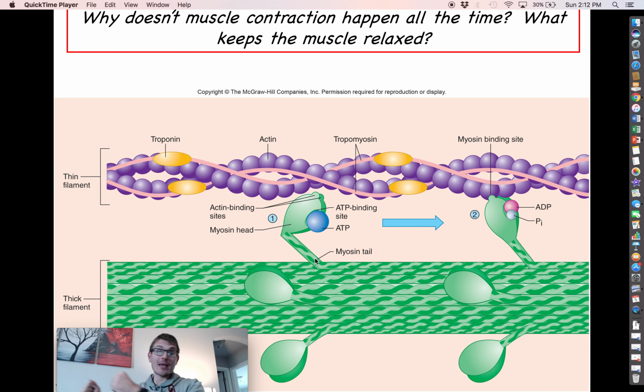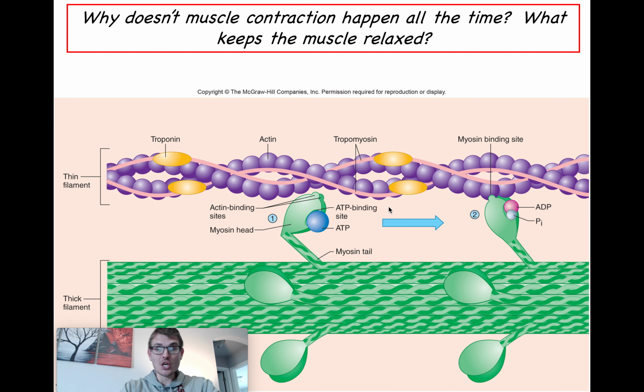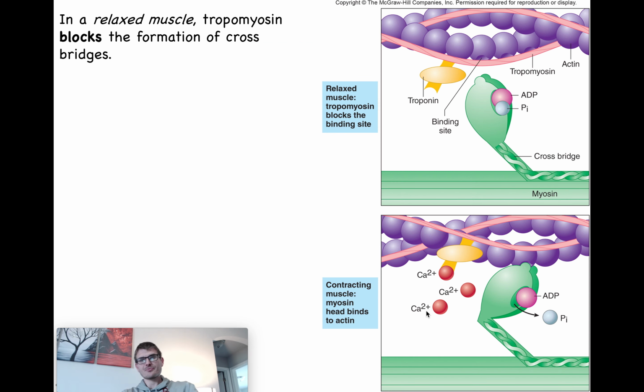Knowing that those myosin heads are cocked back and ready to go, all they need is to grab onto the actin. Well, it turns out what's keeping your muscle relaxed is these regulatory proteins that we're just now talking about, troponin and tropomyosin. So let's learn a little bit more about them.